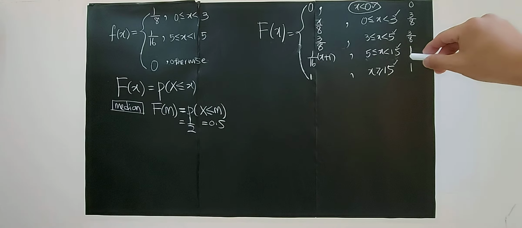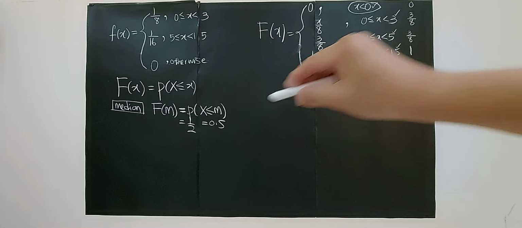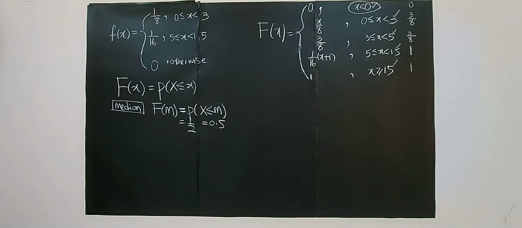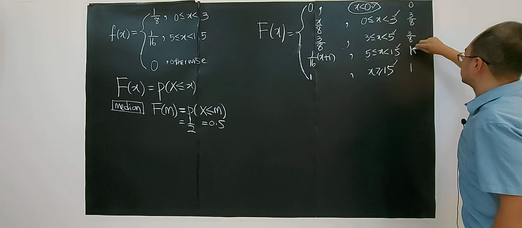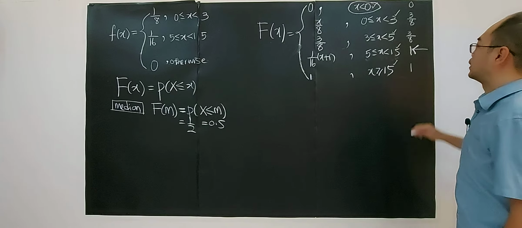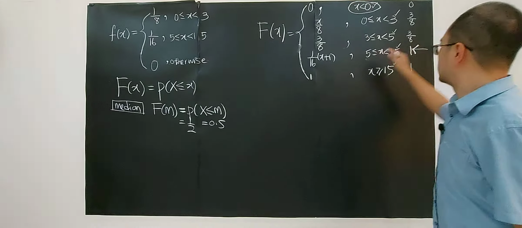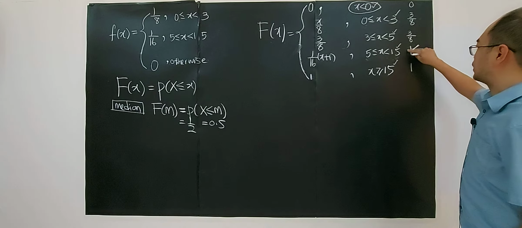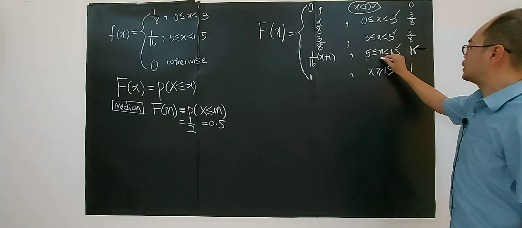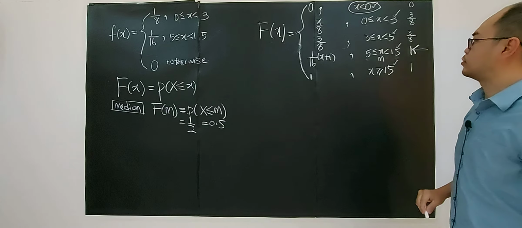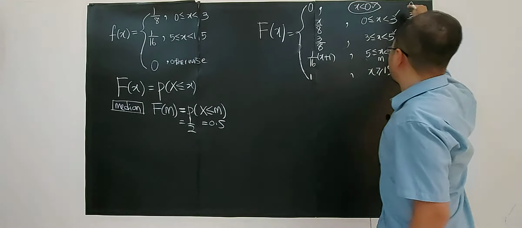The first number that is greater than 0.5 is the 1 here. So the median will be in this interval. This is the first value that is greater than 0.5, which means the median is between 5 and 15. Very simple. Now, why am I doing this?